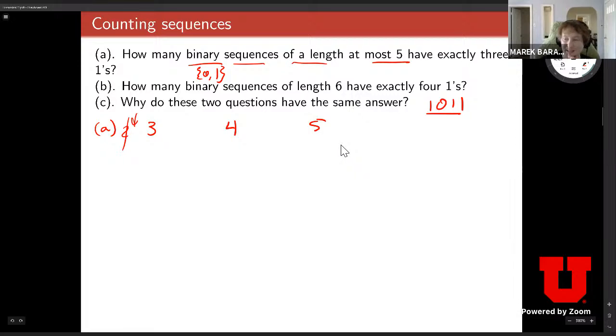So you need to find how many strings there are of length 3, 4, or 5. I'll give you about a minute or 2 to do that.